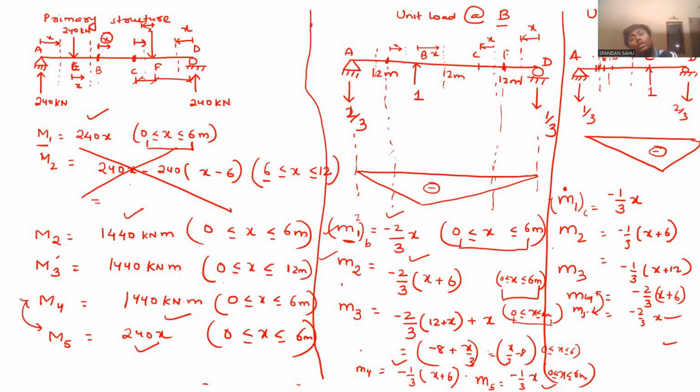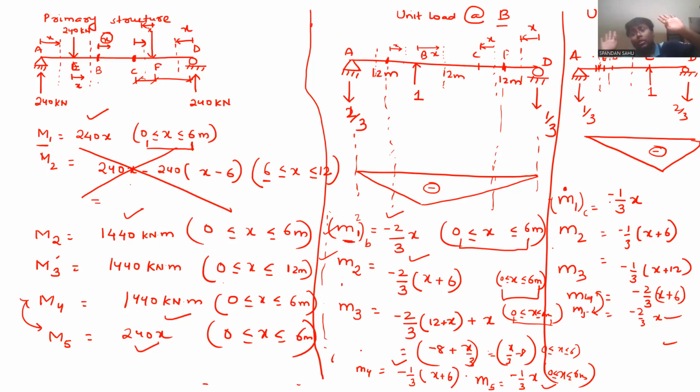Okay, due to this one unit load, there will be small m's. That small m's for each span we have noted down here in this column. Now, where you have to calculate the displacement, there you have to apply another unit load.